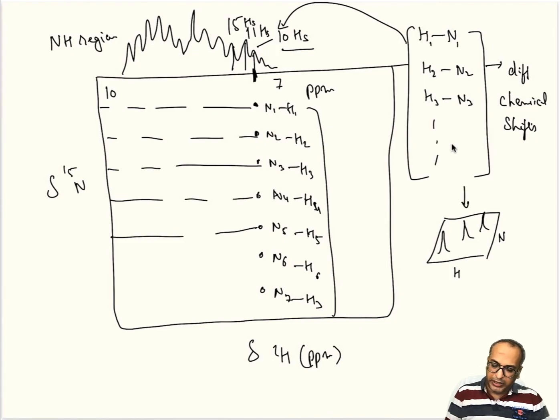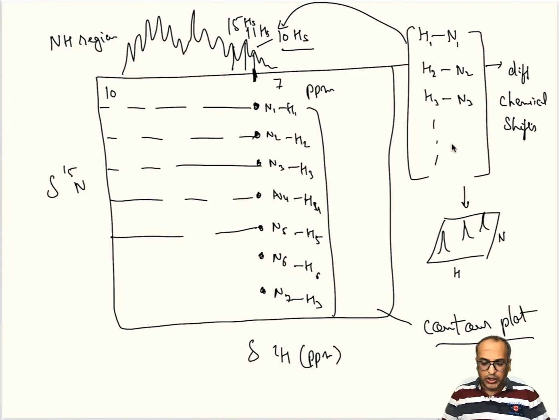So a peak now appears as a contour. Each contour represents a peak which is coming out of the plane of the paper, and that will be the intensity of the signal. One can still measure those intensities, just that one cannot visualize them as peaks. There are ways to do that, but what I'm showing you is a contour plot.